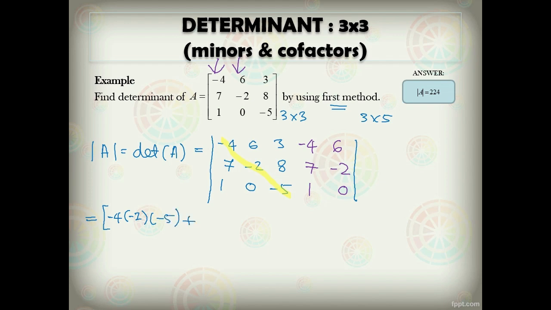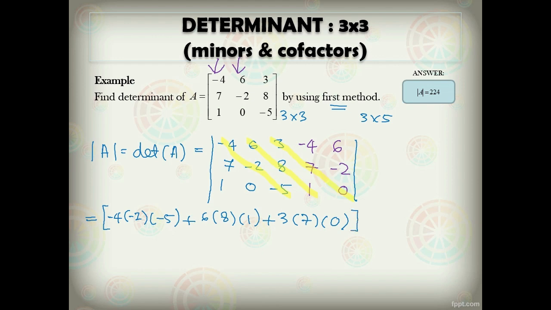Plus the next diagonal, 6 times 8 times 1. Plus the next diagonal, 3 multiplied by 7 multiplied by 0. We're done, we close the bracket.